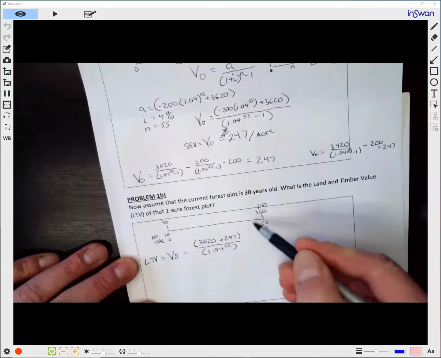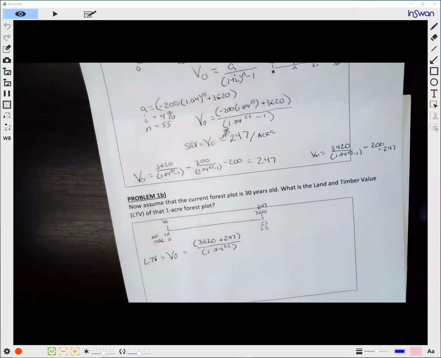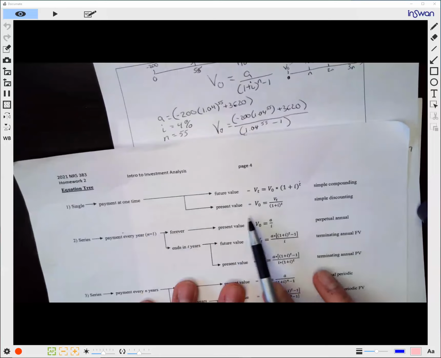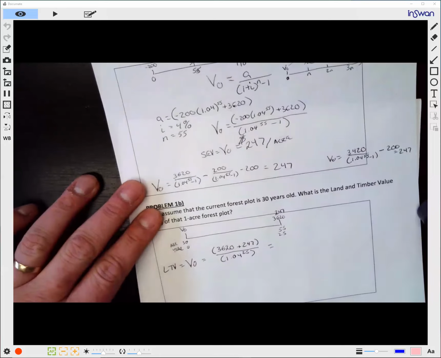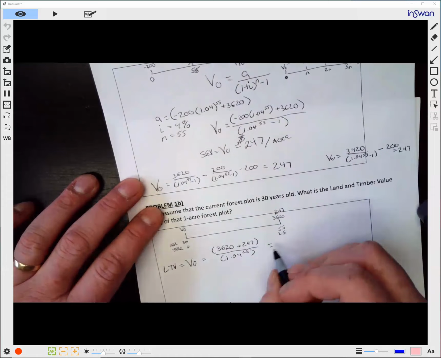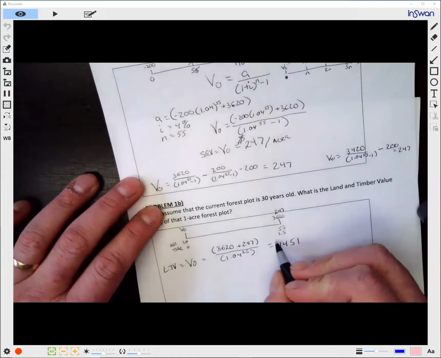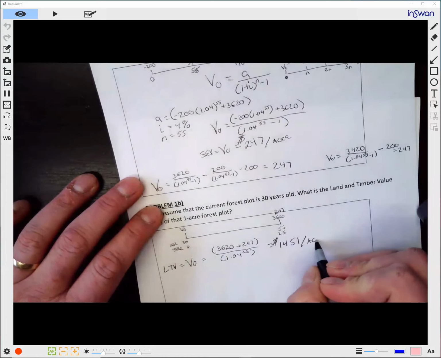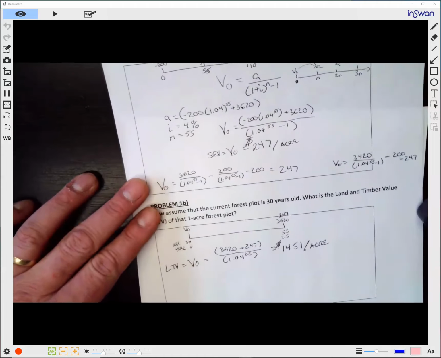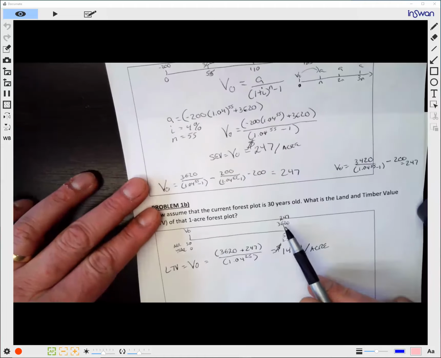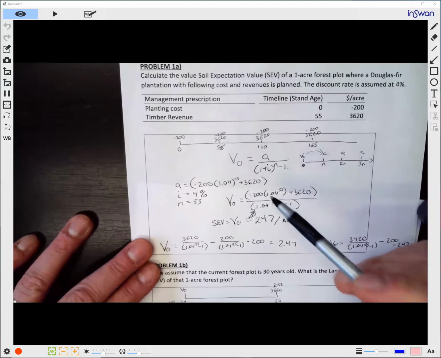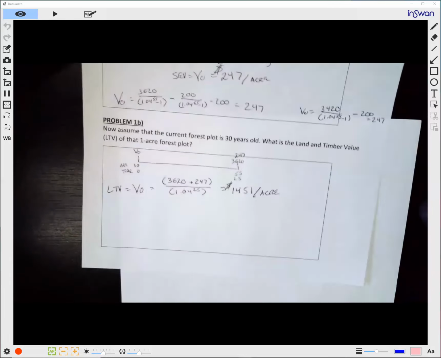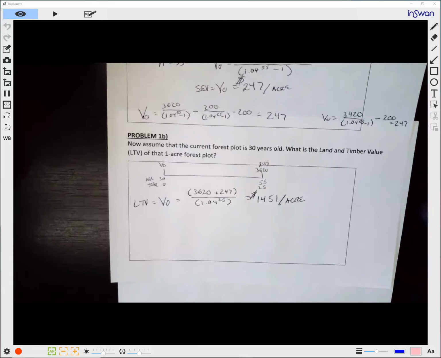So I'm just taking this value and sliding it back there using my single sum present value equation, right? And if I do that correctly, I should end up with 1451 per acre. That's the land and timber value. I don't need to put all the future things in here because that was the benefit of doing this part first, is that I've eliminated the need to do that, right?